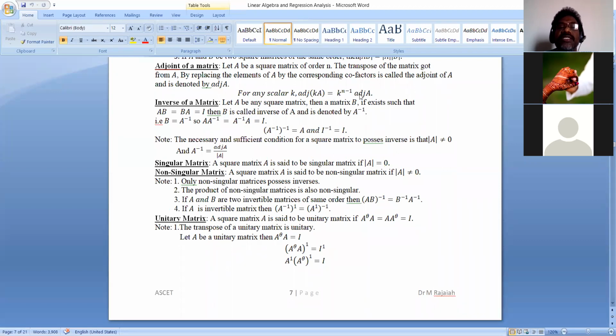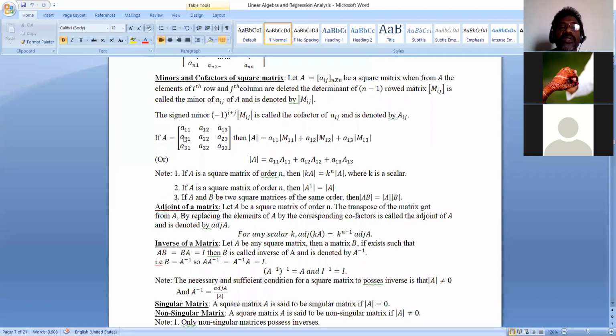This is one of the results of the adjoint. Now suppose A11, A12, A13, A21, A22, A23, A31, A32, A33 is a 3 by 3 matrix. If you transpose this matrix, that means rows into columns and columns into rows, vice versa.